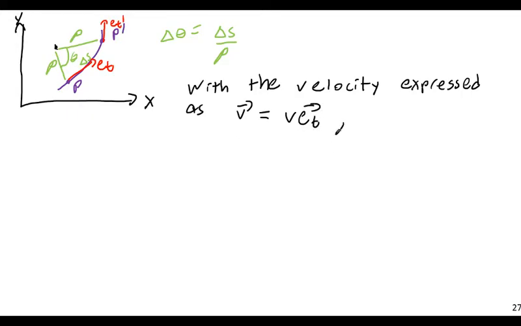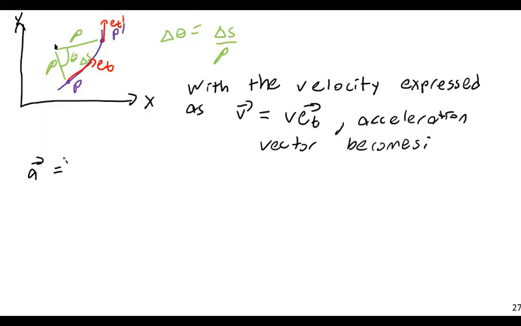The acceleration vector becomes, well, a is equal to dv dt, which is equal to dv dt et plus v times dE dt.